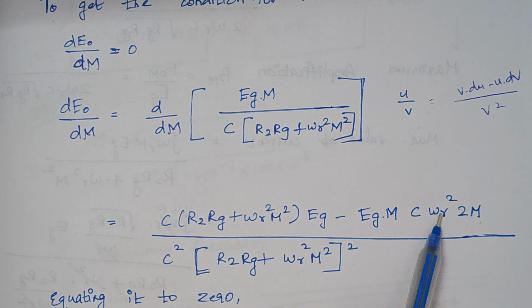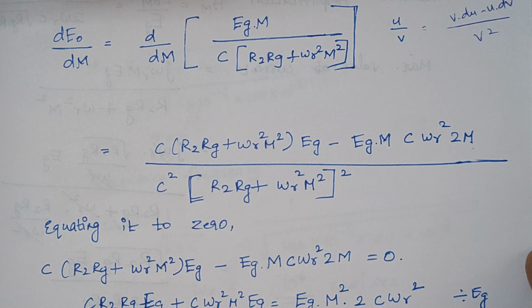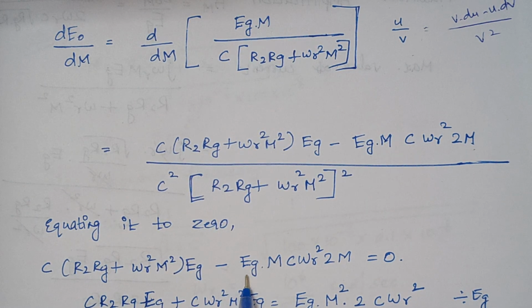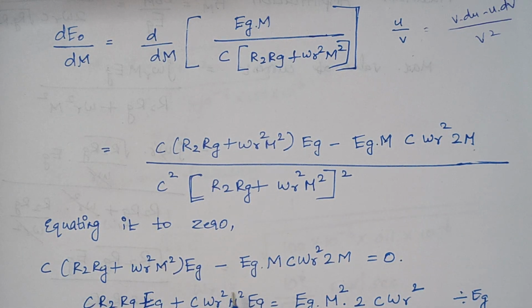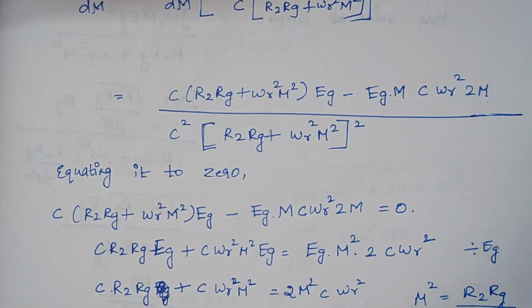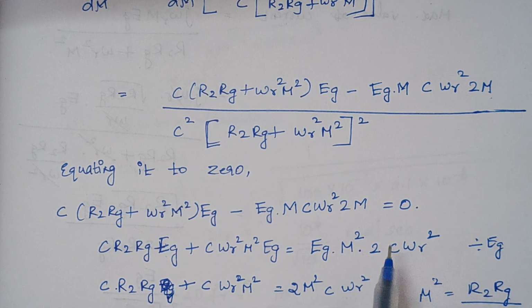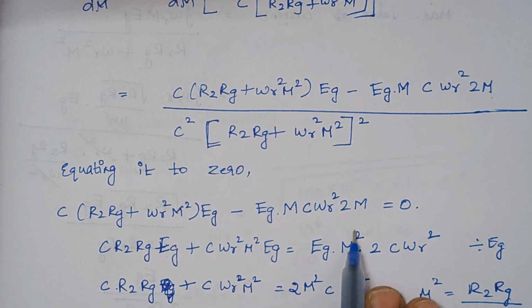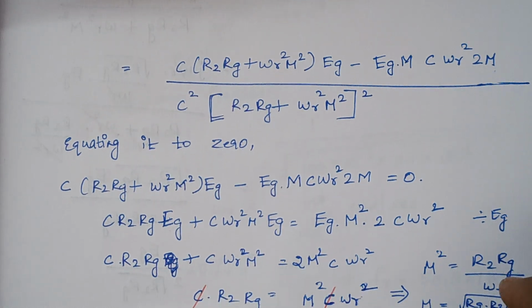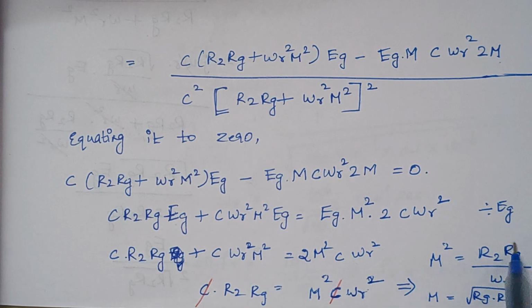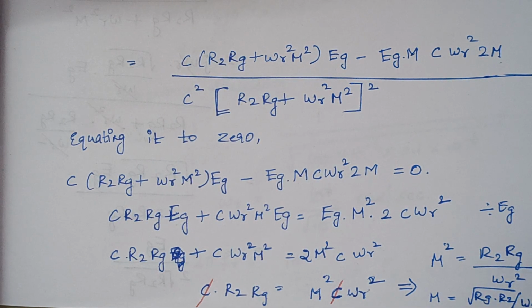So here we are considering the numerator now, right? So I am moving this term to the right hand side so that this minus will become plus here, right? And since Eg is present in all the terms, I am dividing this equation by Eg. So here finally we are having an equation like this, right?